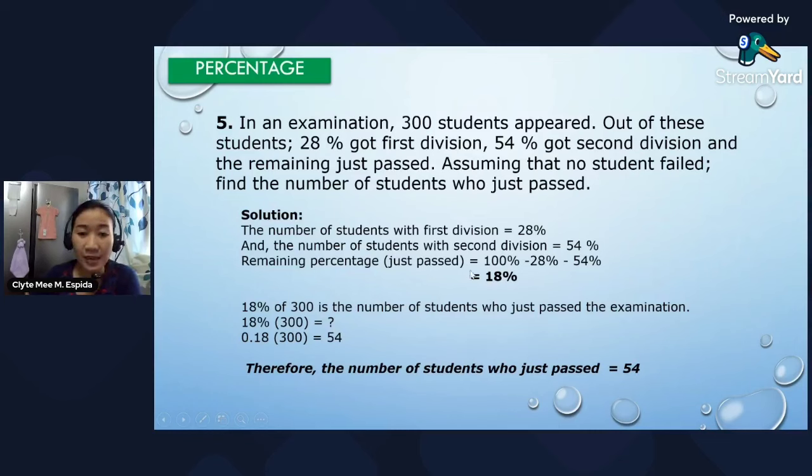So, that is 18%. So, meaning, we multiply 18% of 300. So, 18% of 300 is 54. Meaning, the number of students who just passed the exam is 54. So, let's have some exercises on percentage.